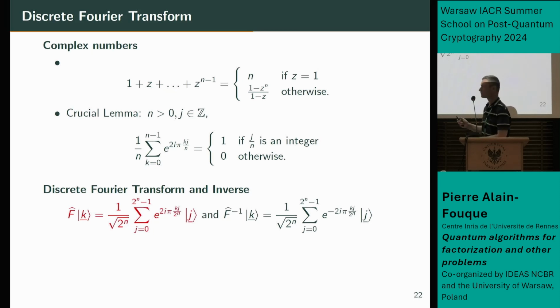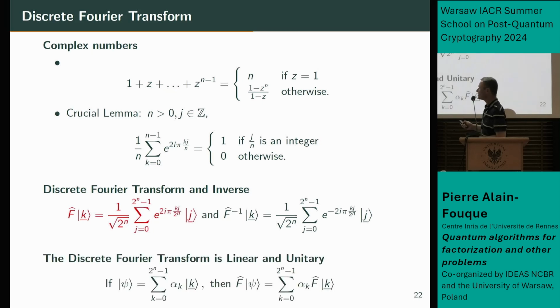These are well-known transformations, as Giulio presented this morning, and there are two basic important facts. One is that this is a linear operation, so if psi is a superposition of some states, you can apply f on each different state. The other is that it is unitary, so you can describe it using a quantum circuit.